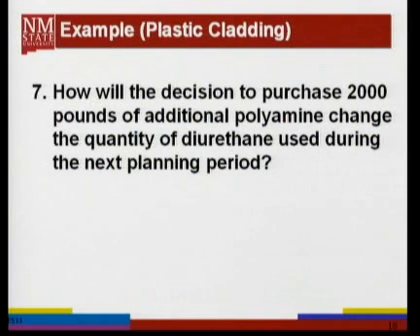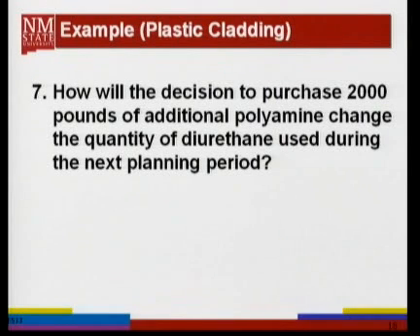I believe we need to answer question number 7. How will the decision to purchase 2,000 pounds of additional polyamine change the quantity of diurethane used during the next planning periods?